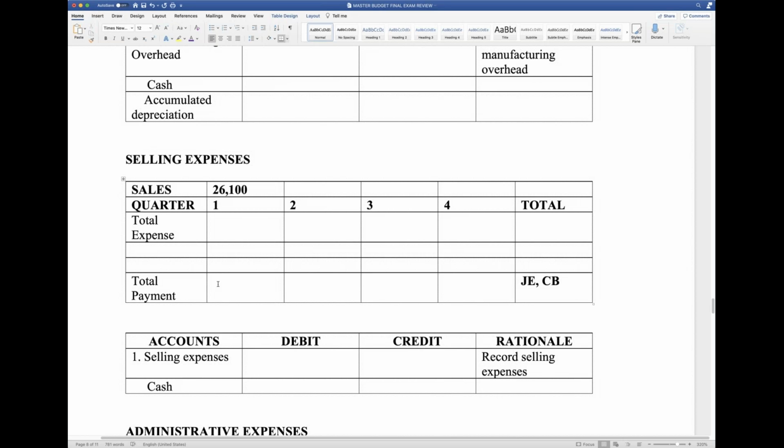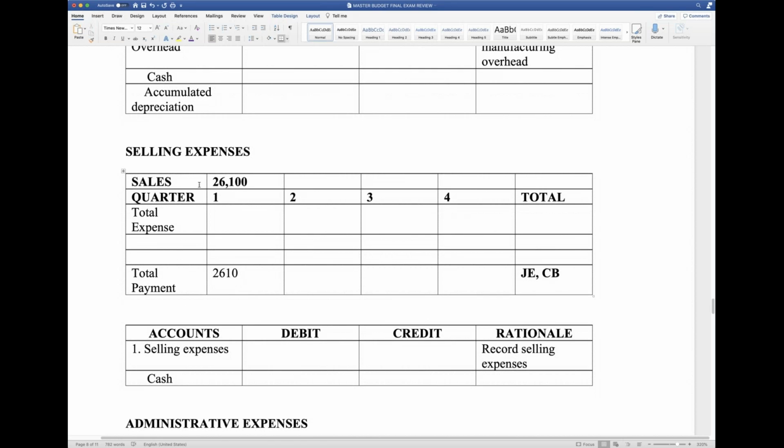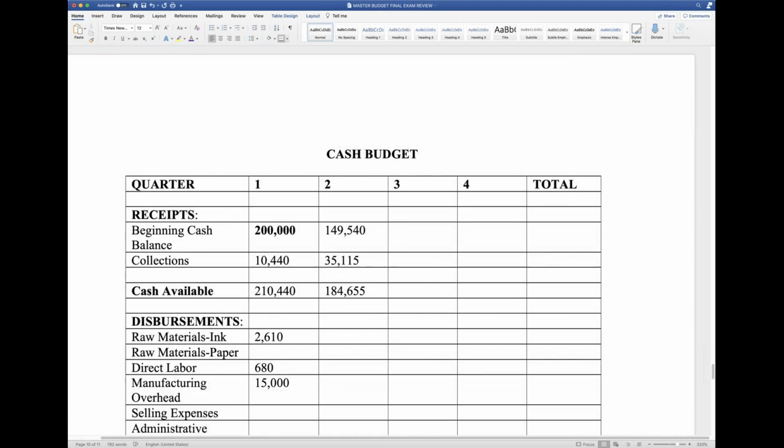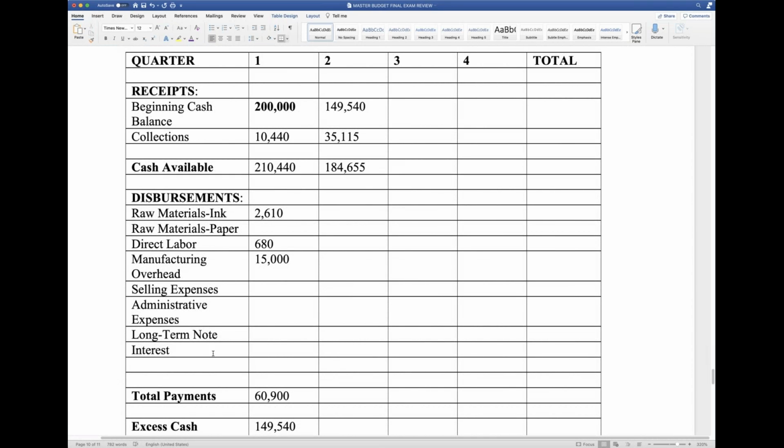How much might that be? 2,600 and 10. Do the decimal one way. All right, so 2,610. Let's take the 2,610 down to selling expense.